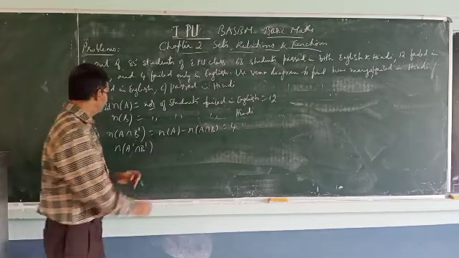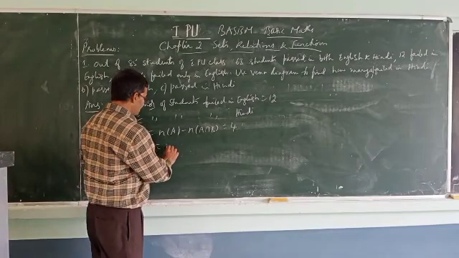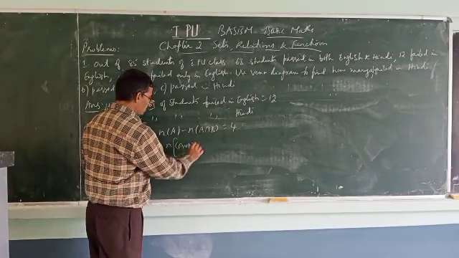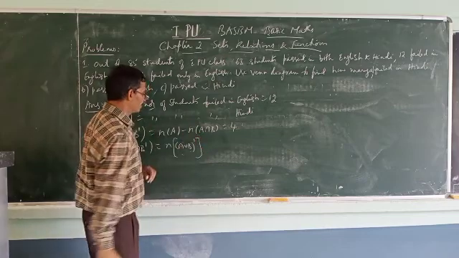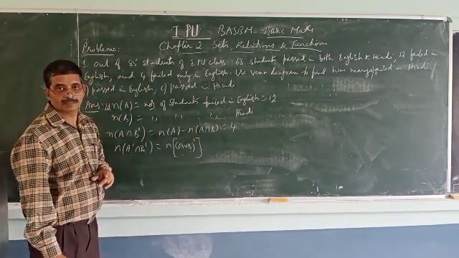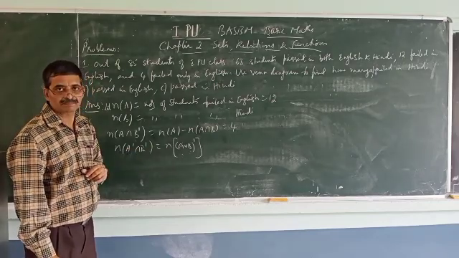This is nothing but N of A union B whole dash. Correct? This is given: passed in both is 63.